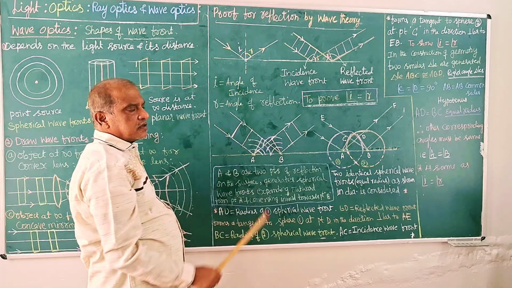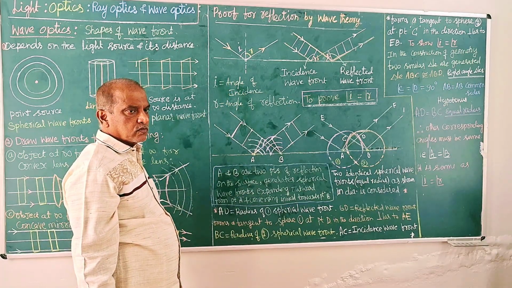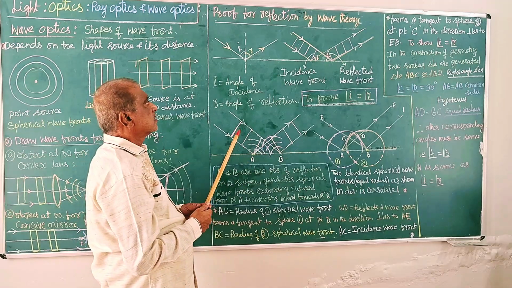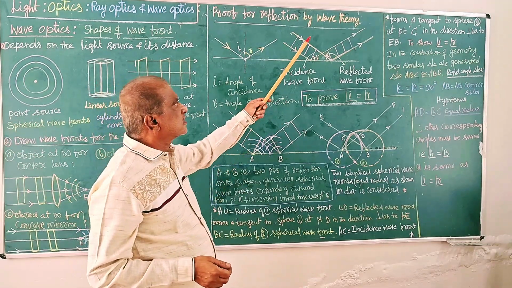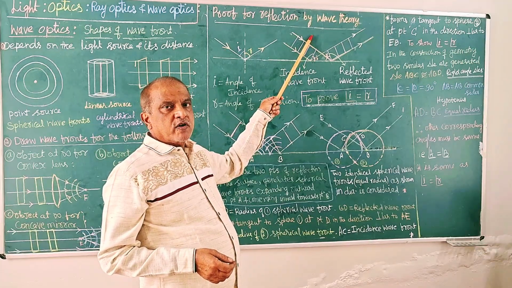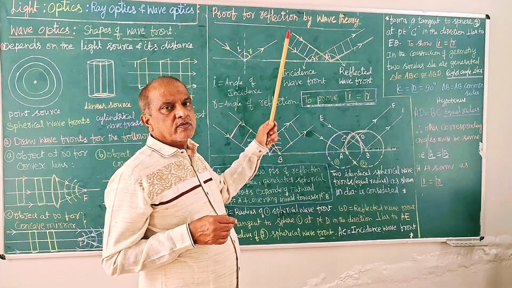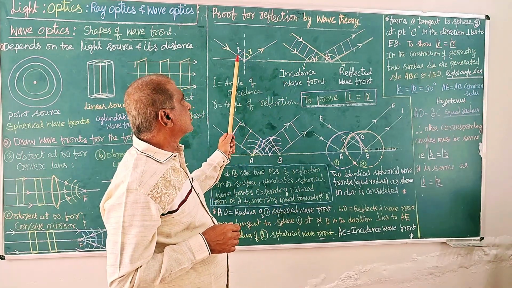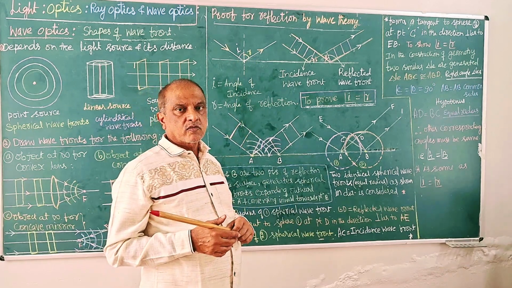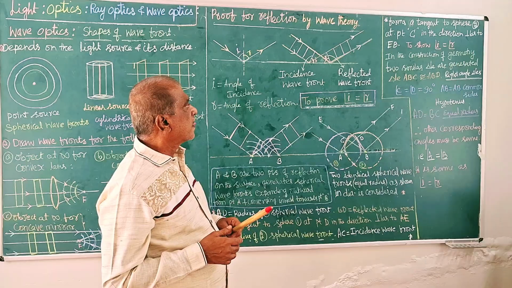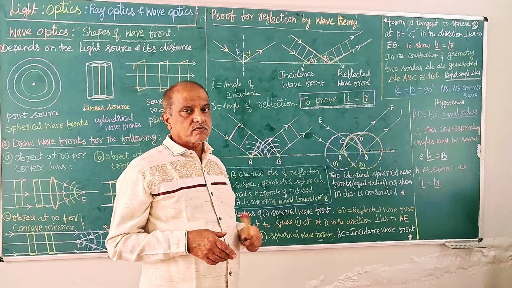It has already been shown. If that is the case, if the wave theory is valid, the wave theory should also prove that angle of incidence equals angle of reflection. Consider the wave concept.